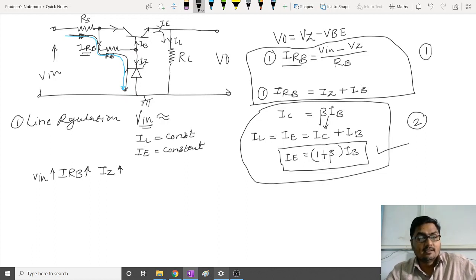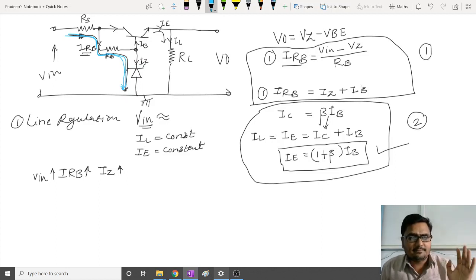Now obviously a student can ask the question: if I am inserting extra current, why is this current not going into the collector, that is IC?